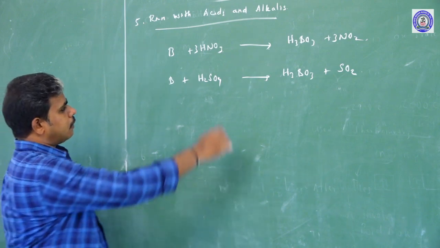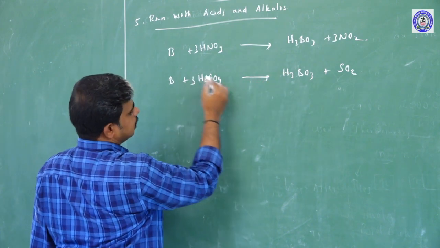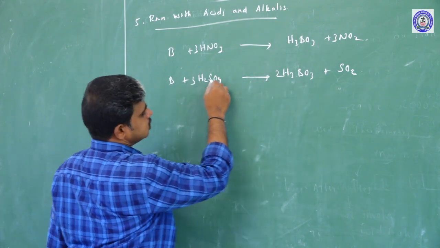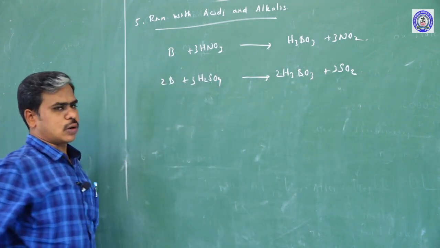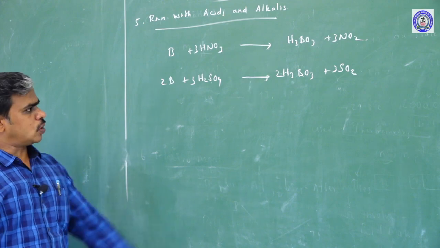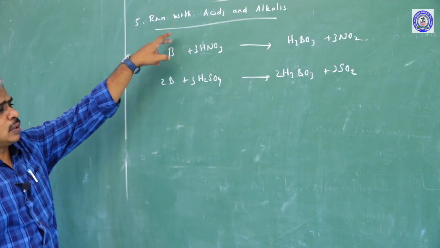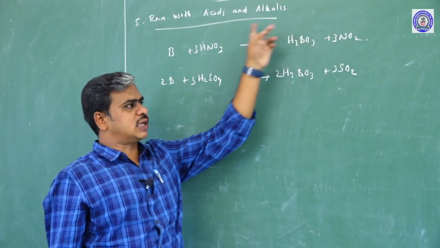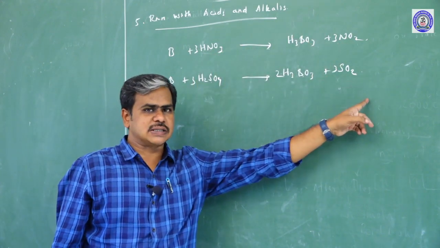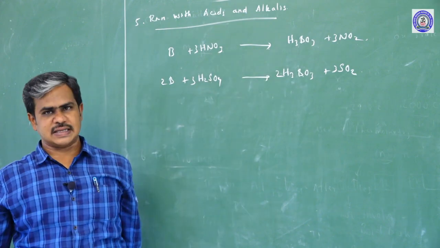Now balancing the equation, here 3 and here 2. 3 sulfur, so it is 3. So 2 boron and here 2 boron. So it is balanced. So when it reacts with an oxidizing agent, it liberates nitrogen dioxide with nitric acid, and sulfur dioxide with sulfuric acid.